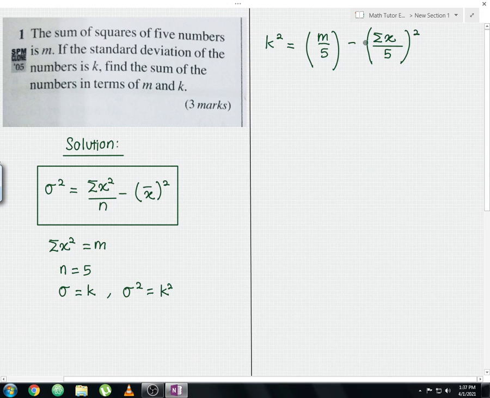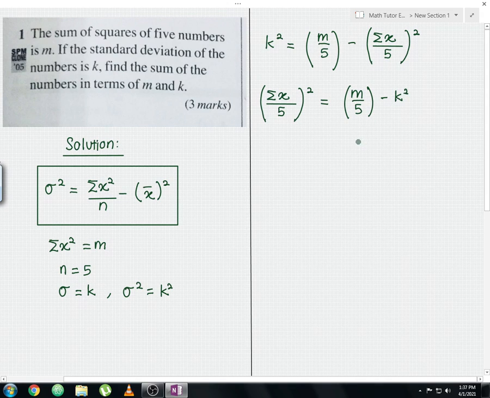So this negative sigma x over 5 square, I'll move it over to the left hand side, and this k square from the left hand side I'll move it over to the right hand side. So from here you should get summation x over 5 square is equal to m over 5 minus k square.